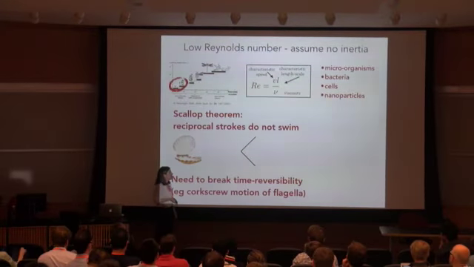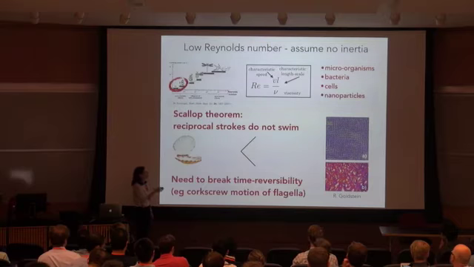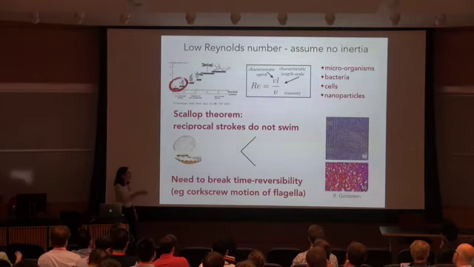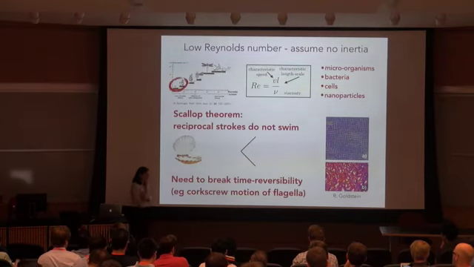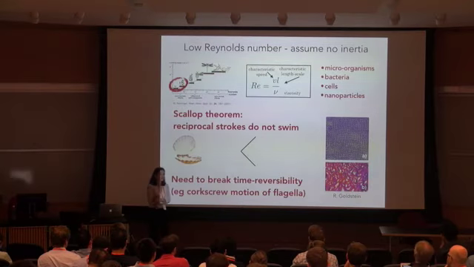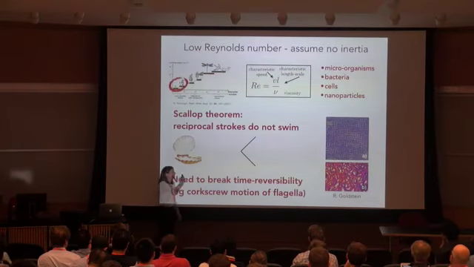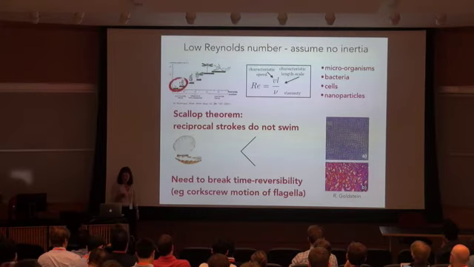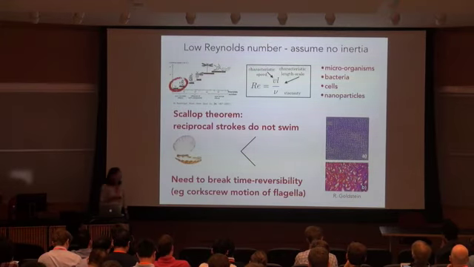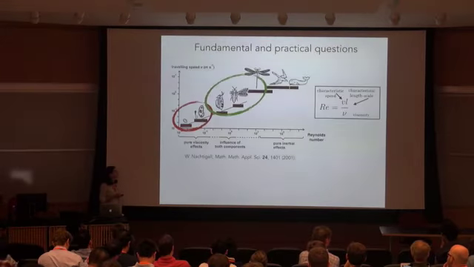This is the flagella. In this low Reynolds number regime, there is a lot of work and a lot of very interesting emergent behavior that we see. This is just one example, called bacterial turbulence, but there are many other interesting papers and phenomena.